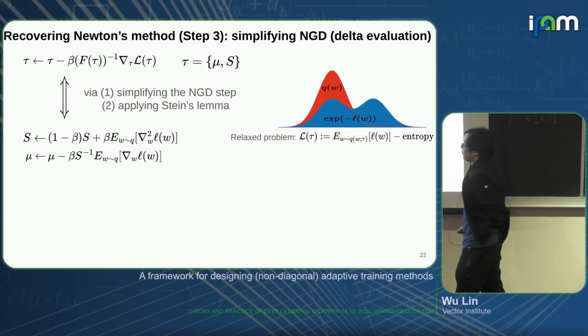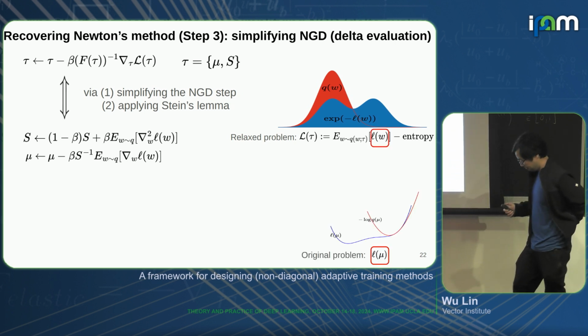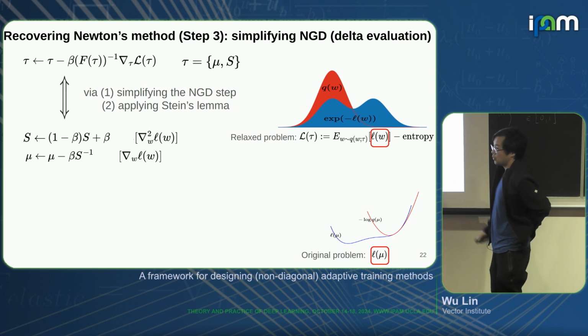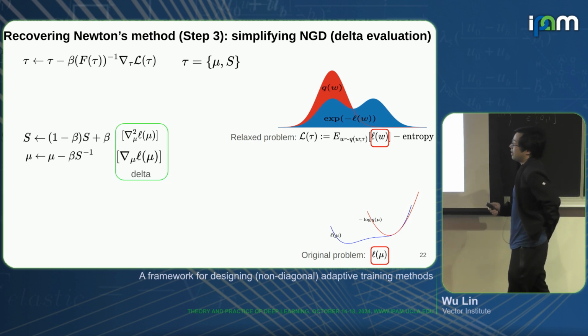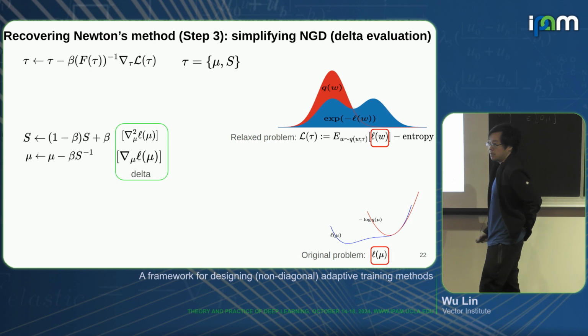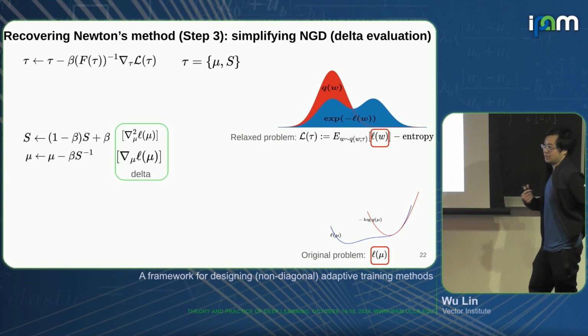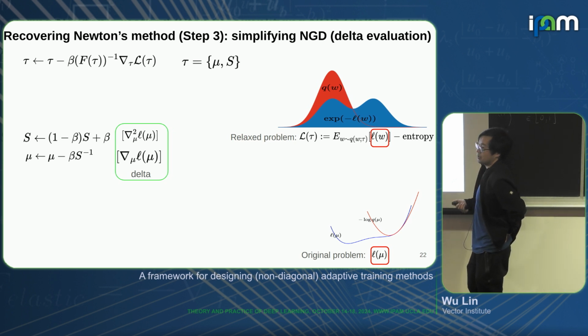But we can also adjust this update scheme to solve the original problem, simply by getting rid of the expectations and evaluating the gradient and Hessian at the mean mu. So basically we do the opposite way, a delta evaluation.